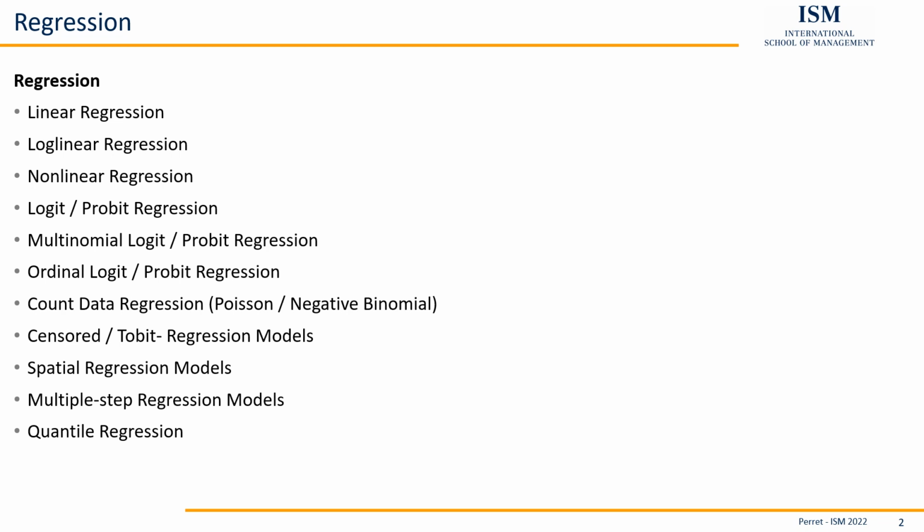And finally, we have the so-called quantile regression models. Before, we usually assume that all our coefficients are constant. So with regression analysis, I estimate the coefficients of my regression line. I assume they're always fixed, they're always the same.